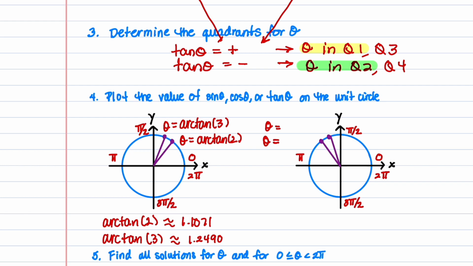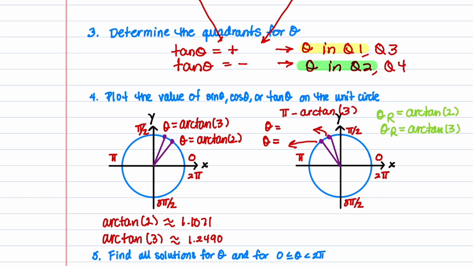Now let's talk about theta being in quadrant 2. This is when tangent theta is negative. Let's remind ourselves that our theta sub r, reference angle in our first quadrant, is arctan of 2, and we have theta sub r arctan of 3. For this solution right here, theta is going to be pi minus arctan of 3. We're kind of a little squished here.